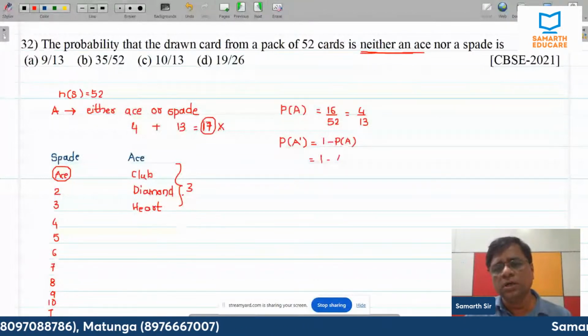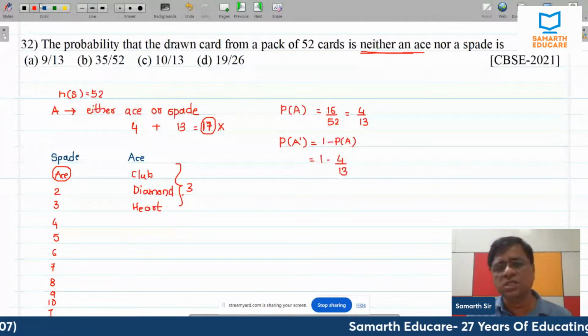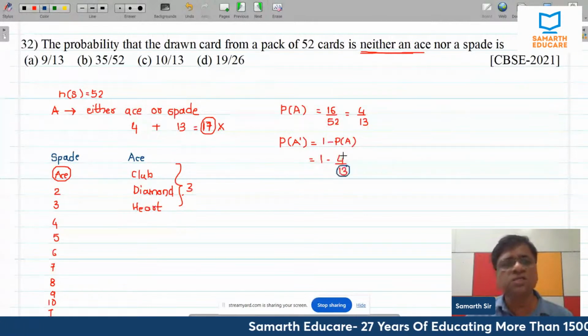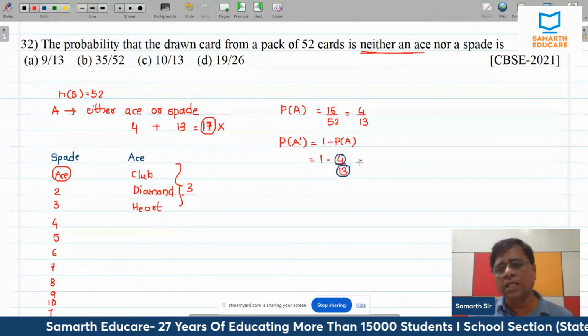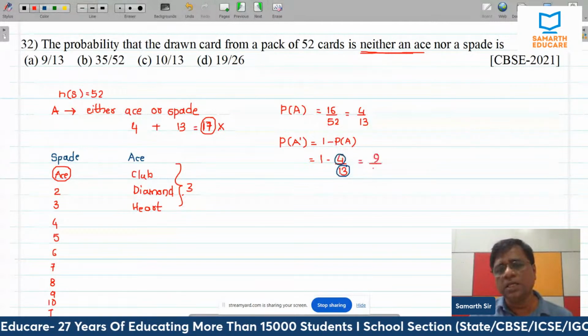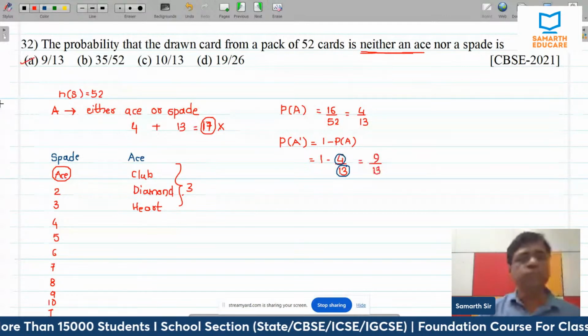Remember, 4 upon 13, I told you last time, this is the easiest way. 13 minus 4 is 9, and hence my answer is 9 upon 13. This is the answer.